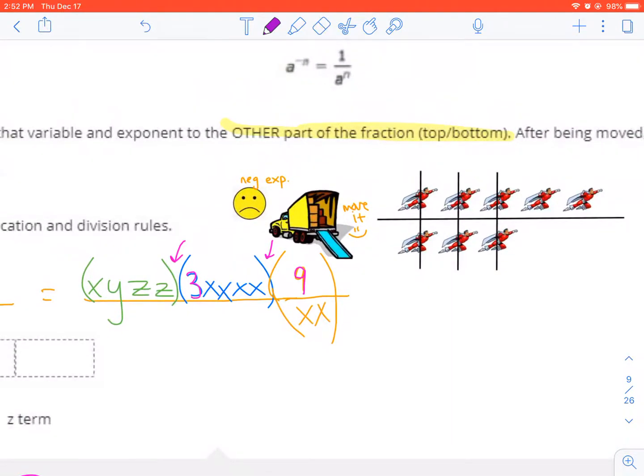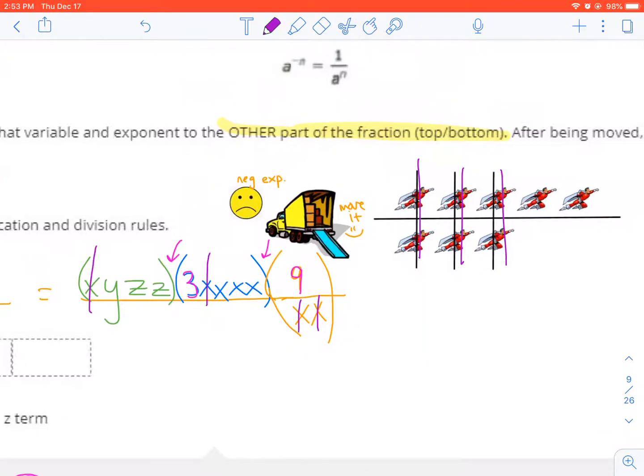So this is where we use, again, our supplemental aid to remind us that we can cross some stuff off if they are exactly the same on top and on bottom. So I have an x on top right here, and that's going to cross off with one of these on bottom. I have another x on top over here and another x on bottom, and those can cross off.